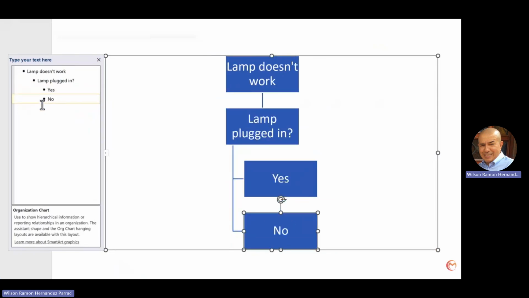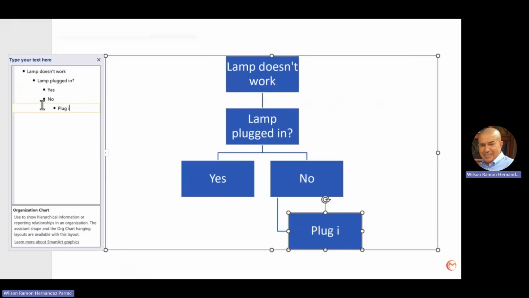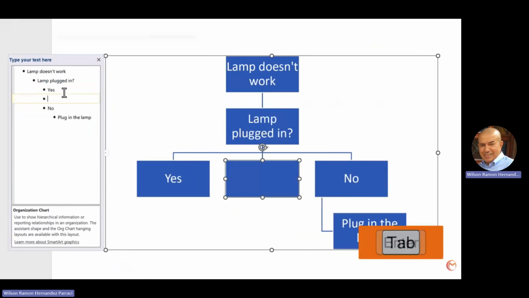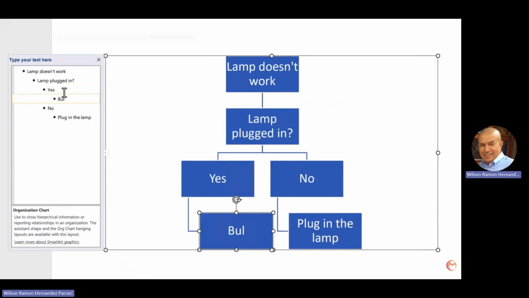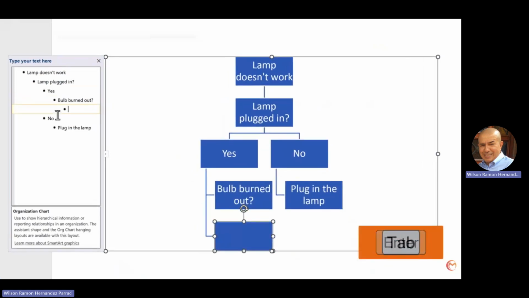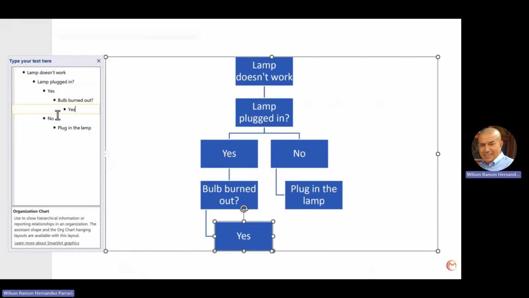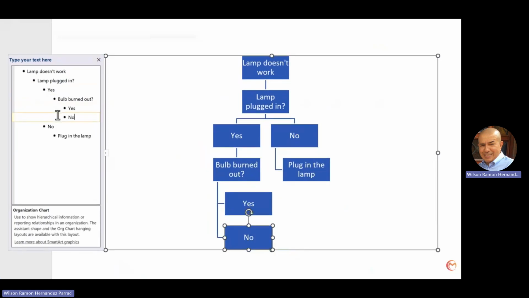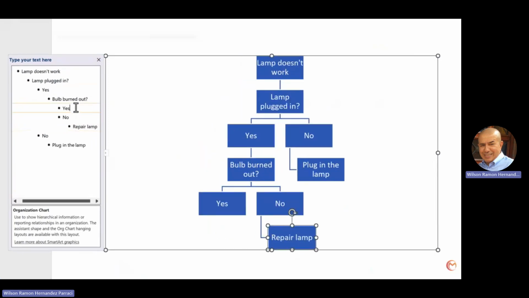Each of these outcomes has an action. To illustrate, let's navigate to No by typing the outcome Plug in lamp. Similarly, add an action for the Yes option. Hit Enter, then Tab, and write the outcome. Continue to another decision, whether the bulb is burnt out or not. Once again, move to the next lines by hitting Enter and Tab, and write Yes on one line and No on another. Then add the outcome actions.